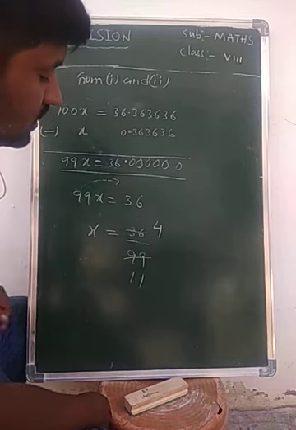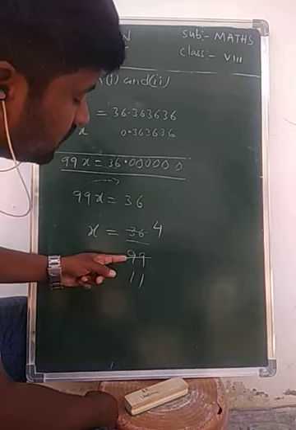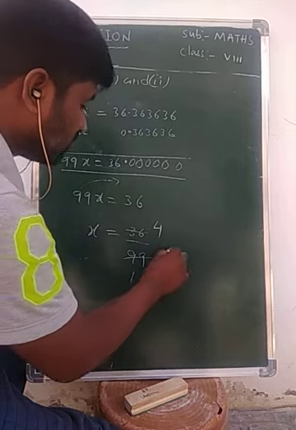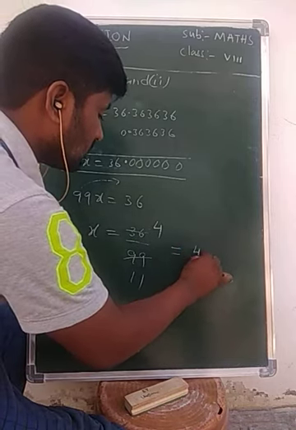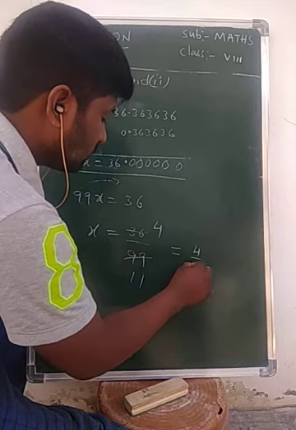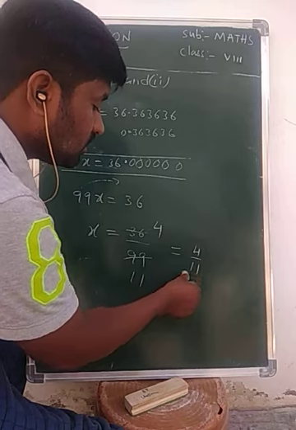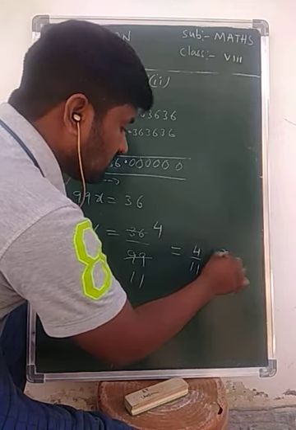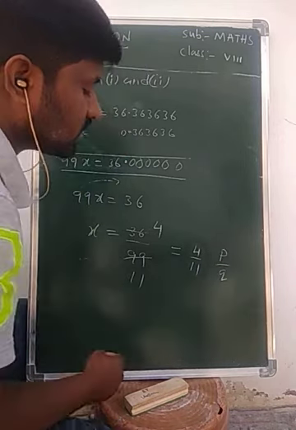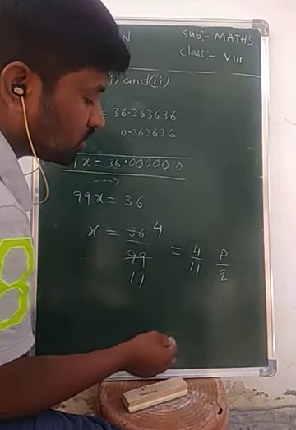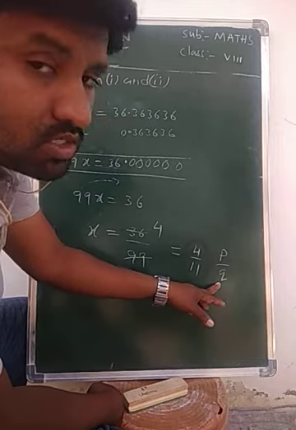We get x equals 4 by 11. This is in which form? P by Q form. Clearly Q is not equal to 0.